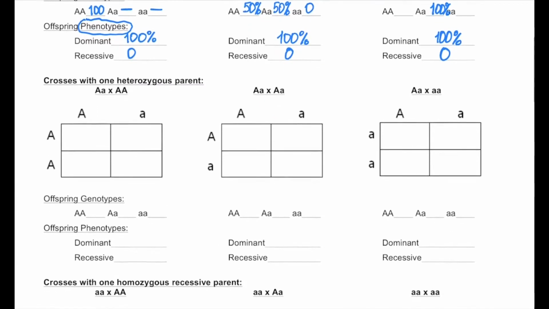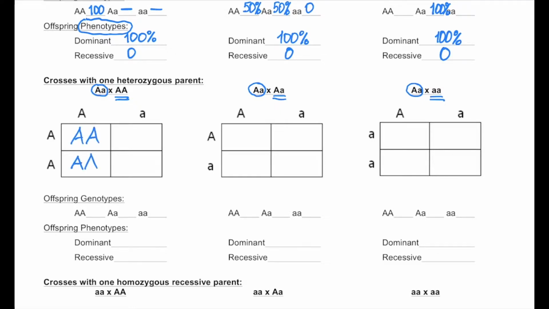Cross with one heterozygous parent. So what they're talking about, one parent in all of these, at least one, is going to be heterozygous. So what are your options? Heterozygous with homozygous dominant, heterozygous with homozygous recessive, and then heterozygous, another heterozygous. So you know what's going to happen here.